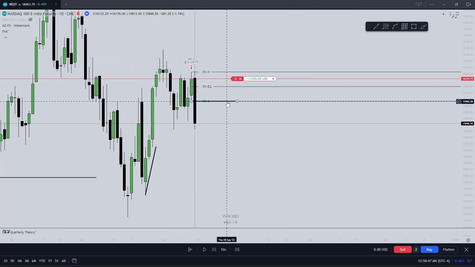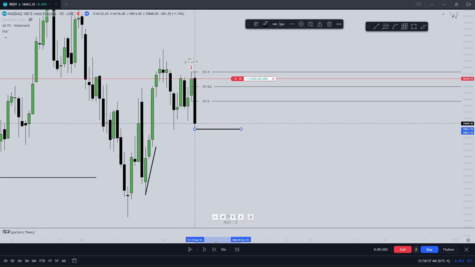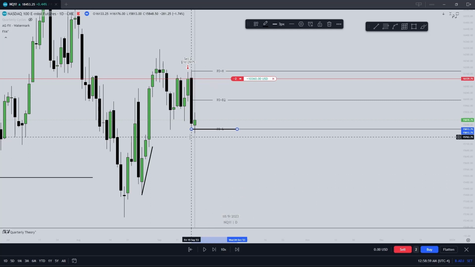Let's get this out the way. So we maybe want to wick up, do whatever, have price action, and then attack this previous day low. Alright, wicked up. I just see this as fake, but it's also Monday. So we'll see what we want to do, right?